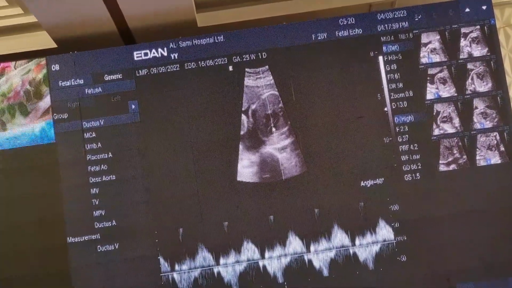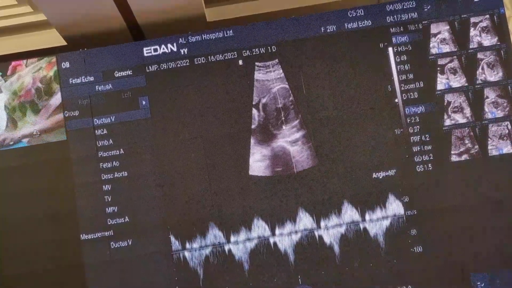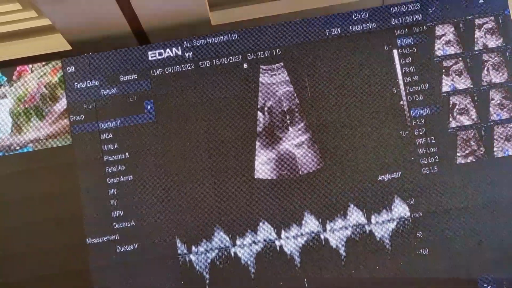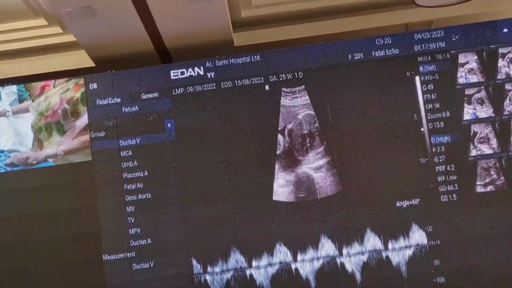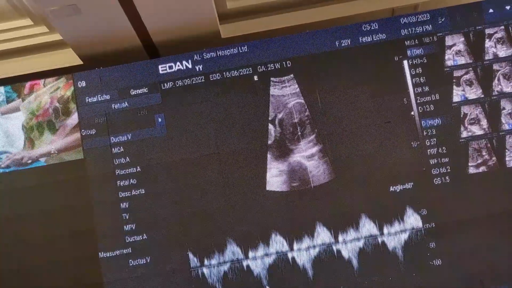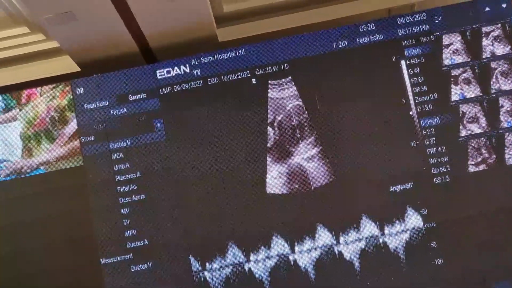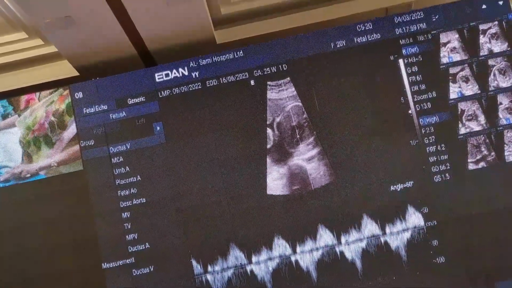This particular area, if you look at the 4-chamber view, blood is flowing into the left ventricle across the mitral valve and going out of the left ventricle across the aortic valve. So when it flows into the ventricle across the mitral valve, mitral is M, so it gives rise to an M-shaped waveform.